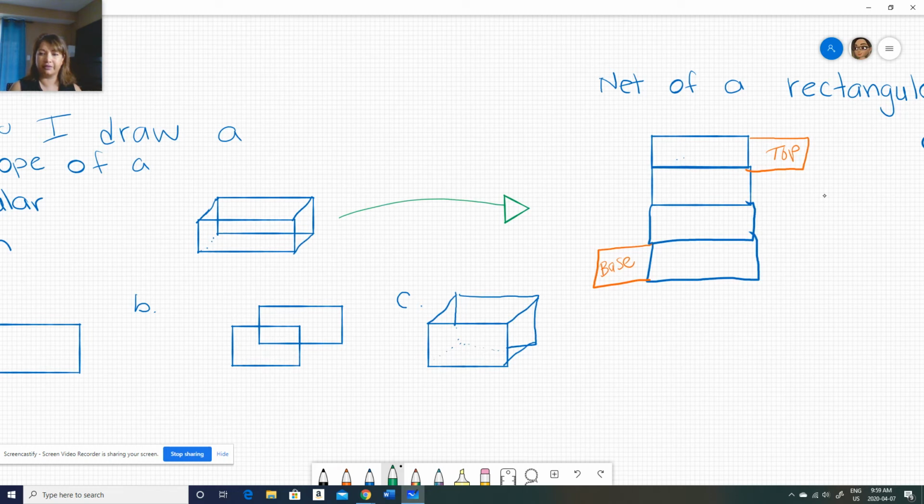I put my base here, my top here. And then there are 4 sides on the shape: 1, 2, 3, 4. There's a top and a bottom. So these are my sides, my top, my bottom. I have 6 parts to my shape, so I'm okay.